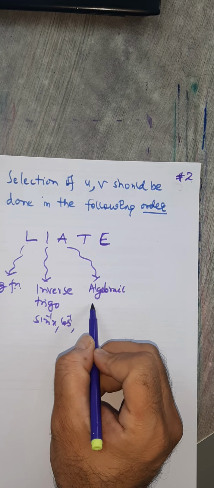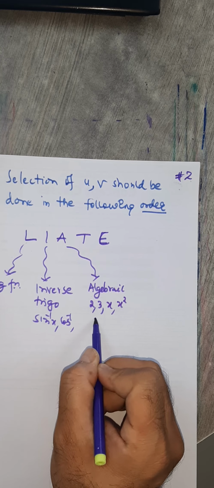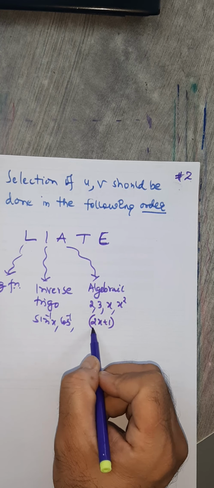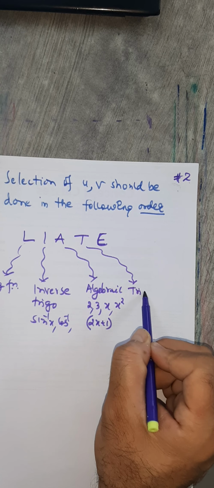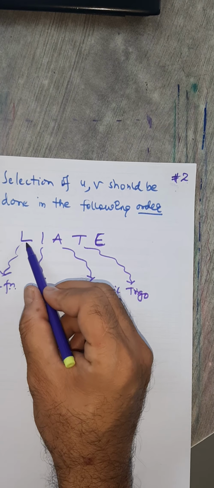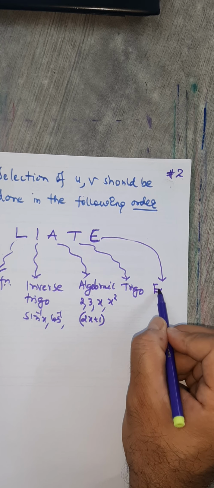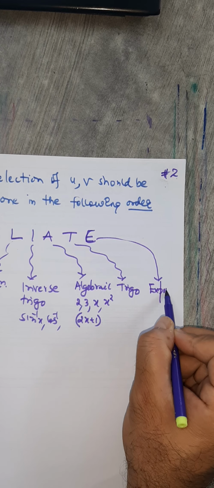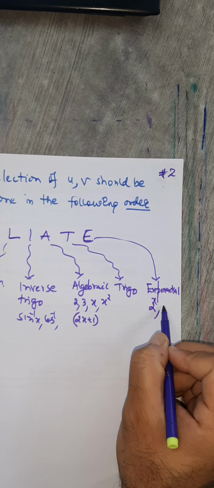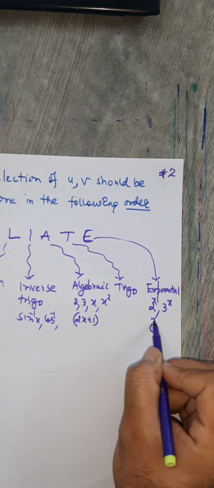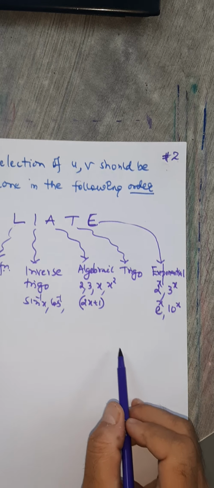That is constants, like 2, 3, then x squared, then 2x plus 1. These are called algebraic functions. T, you know, trigo. E, and now one more standard function left out. It is which one? Exponential. That is 2 raised to x, 3 raised to x, e raised to x, 10 raised to x. These are all exponential functions.